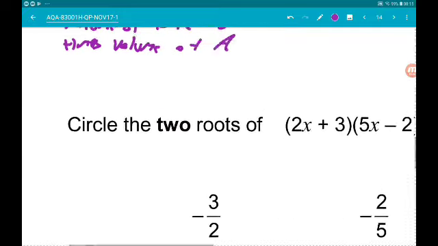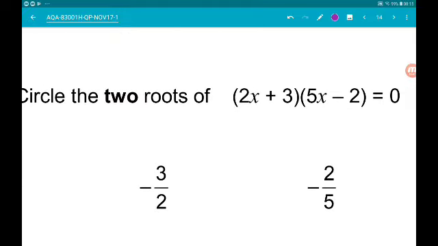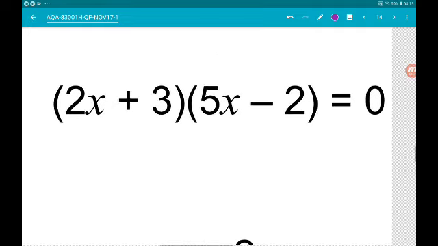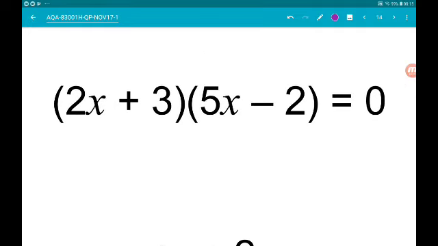Okay, number 18 wants us to circle the 2 roots of this. So roots are solutions, which are what we get from factorising. So when you've factorised a quadratic, you set each bracket equal to 0 and solve for x.